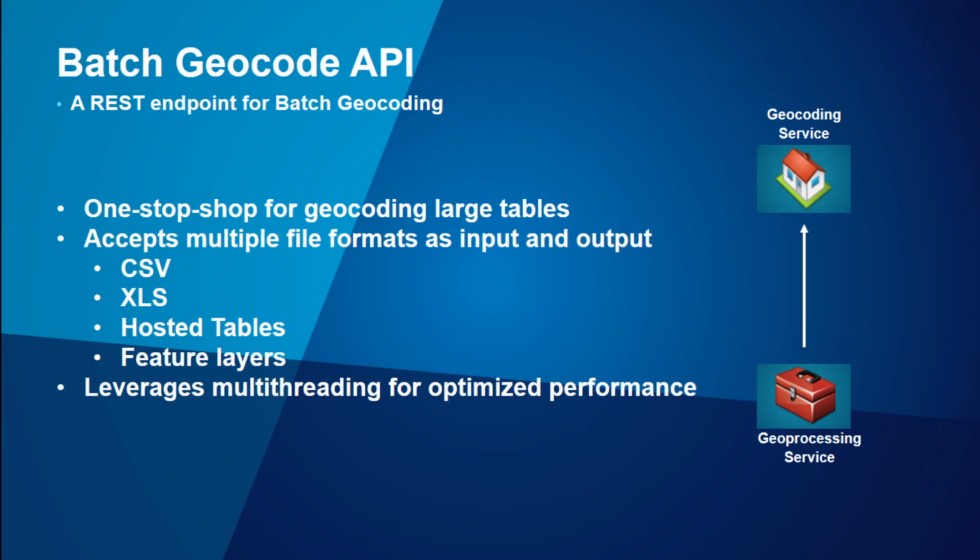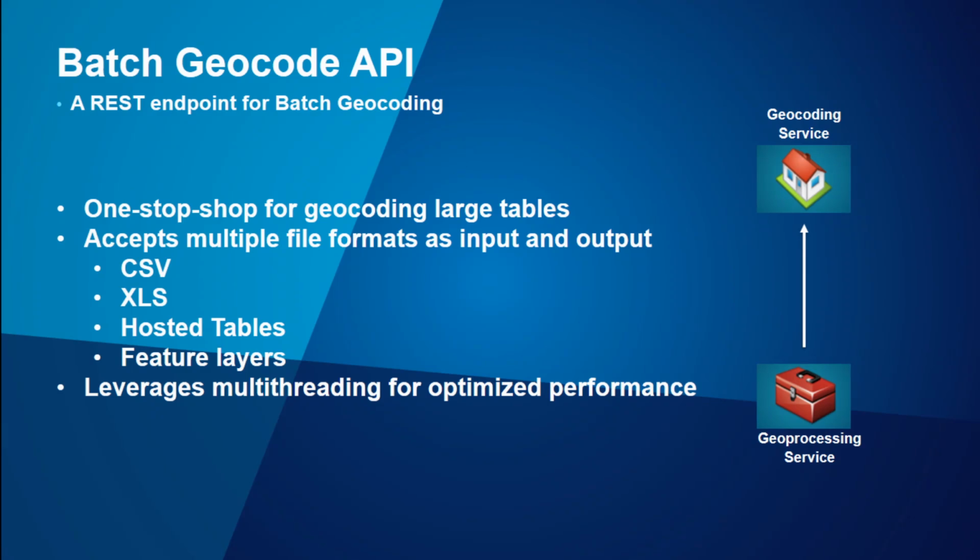As input, you could input a CSV, XLS, or hosted table from your portal, and it can output back to you the CSV with the extra XY columns appended to it, an XLS file, or a feature layer. Keep in mind this API is portal only, so from portal to portal. It takes the inputs from your portal and writes the outputs to your portal.